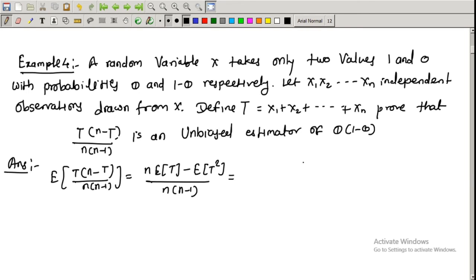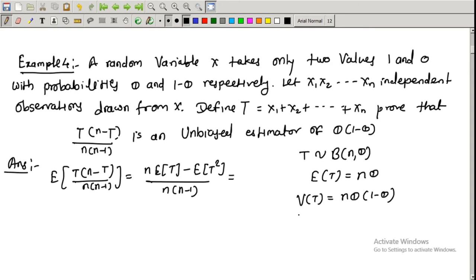So when this is the Bernoulli distribution, correct? According to that, we can say that t follows binomial distribution with parameters n comma theta, where the probability of success is theta. So expected value of t is, the mean of binomial distribution is n theta, correct? And variance of t has the formula n p q, that is n theta into 1 minus theta.